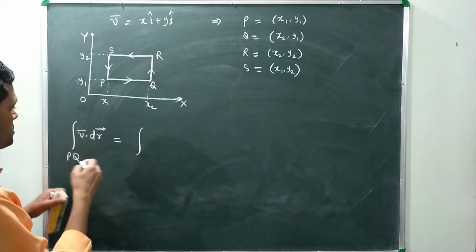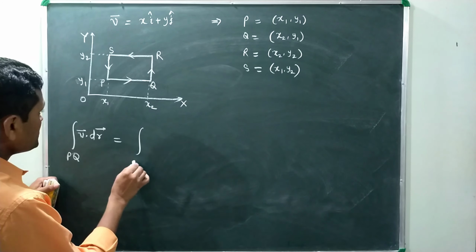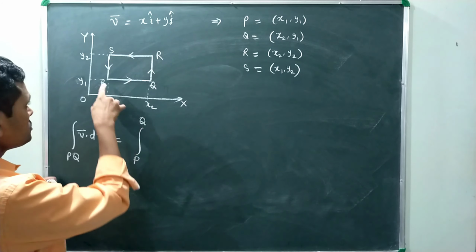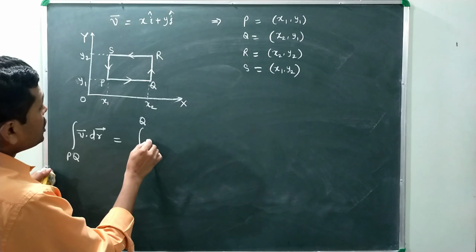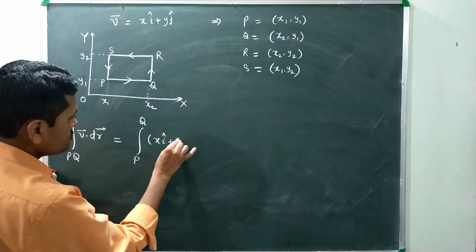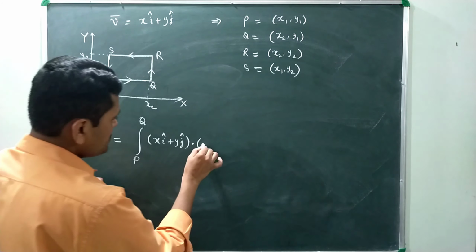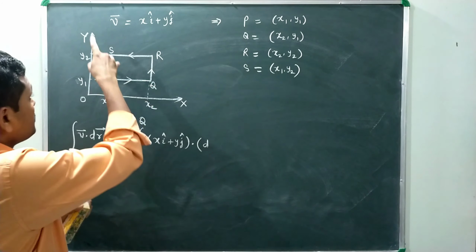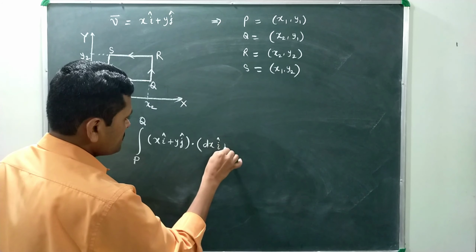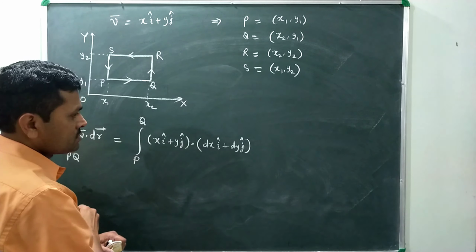So in this case, this may be written as the integral from P to Q of vector V, which is x i cap plus y j cap, dot dr. Dr means here we are in the xy plane, so dr will be dx i cap plus dy j cap, and this is the dot product.